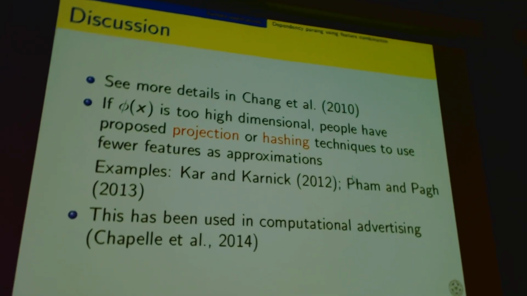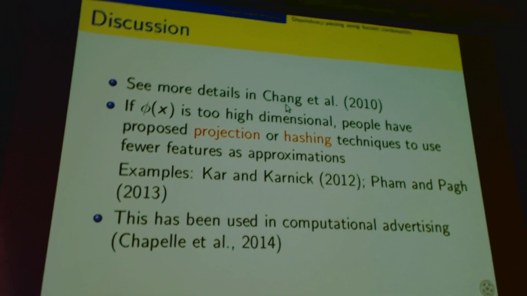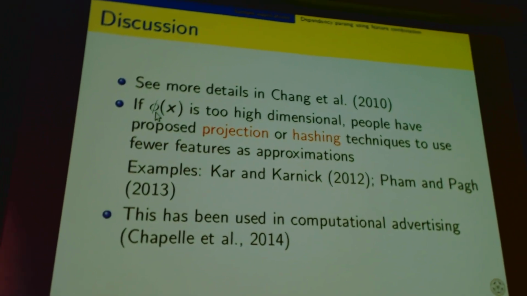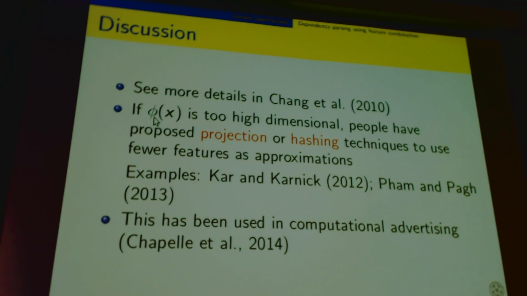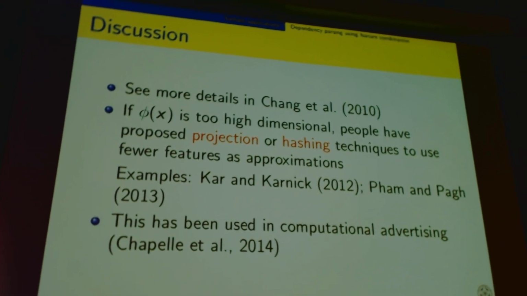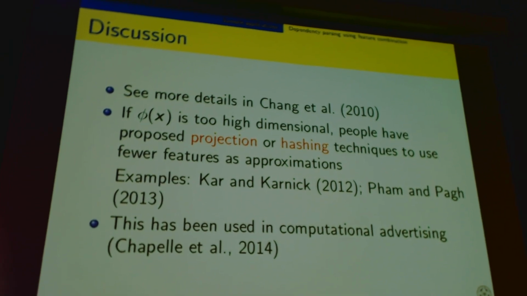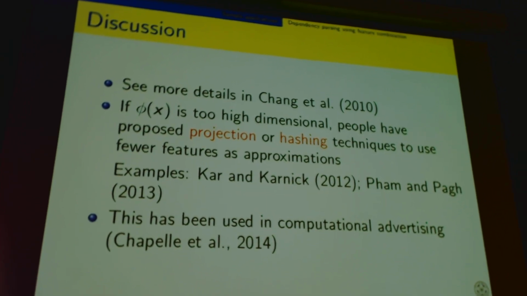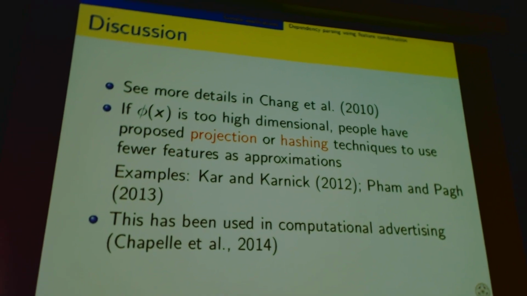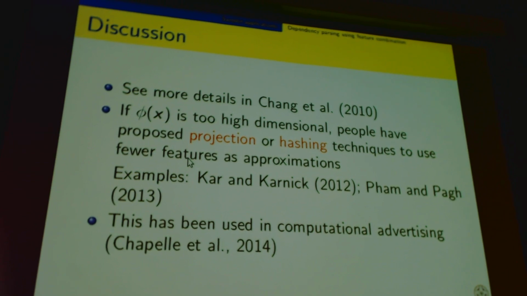Okay, so some discussion. We have a Journal of Machine Learning Research paper to show you all the details. But now you have a question. After this kind of low degree polynomial mapping, the data will be very high dimensional, right? So how to handle that? Of course, people understand such a difficulty, so they propose some kind of projection or hashing techniques.